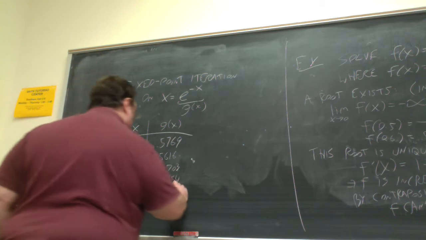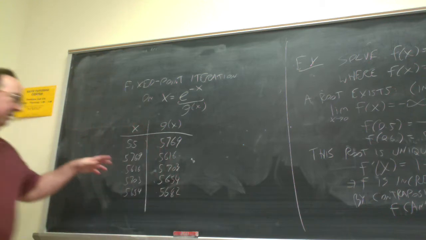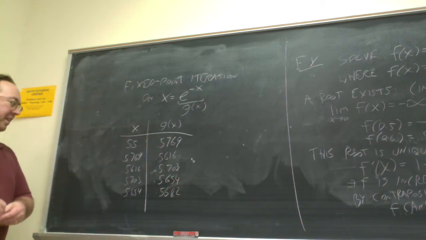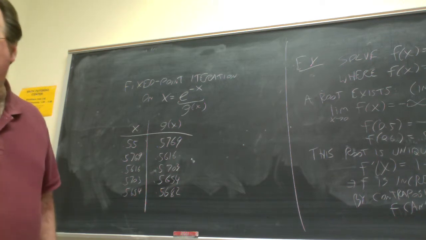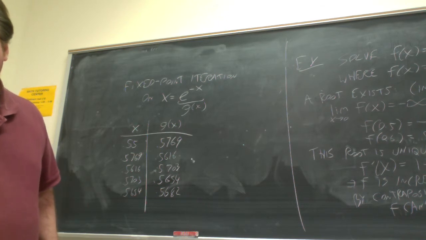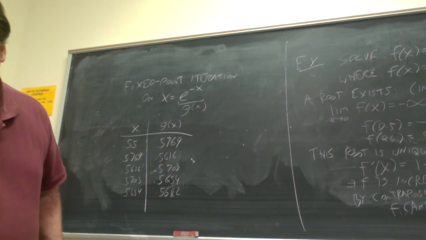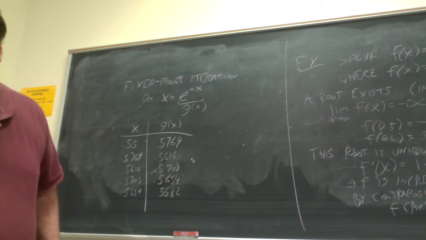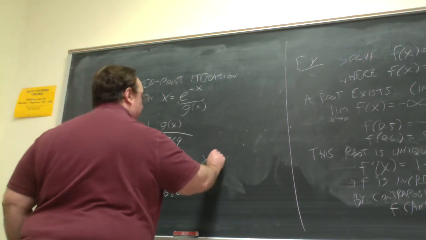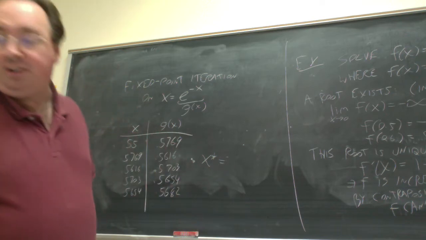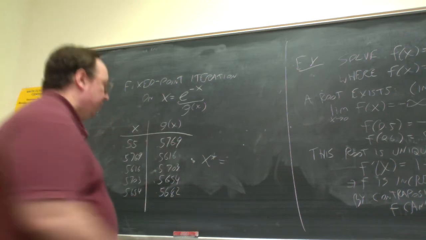Okay, so it seems like it's 0.5682... I'm not going to write down any more in this chart, but if I just keep going in Matlab until it stops changing, okay, so x star, at least to 4 decimal places, is 0.5671.